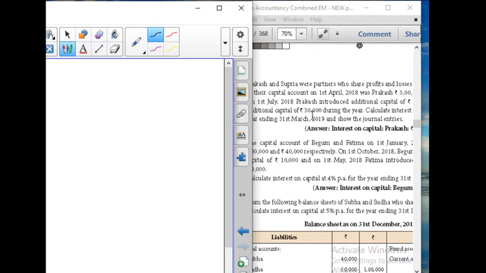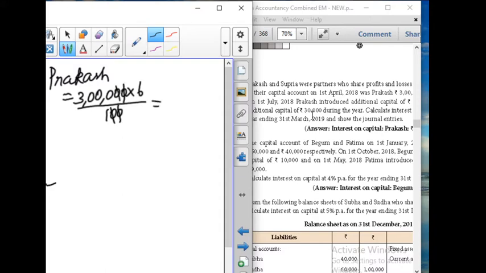First we calculate the interest on capital. Prakash first. What is the capital amount? Capital amount is equal to 3 lakhs. What is the interest? 6%. So 6 divided by 100. 0, 0 cancel. What is the amount? 3 6s are 18. 18,000.